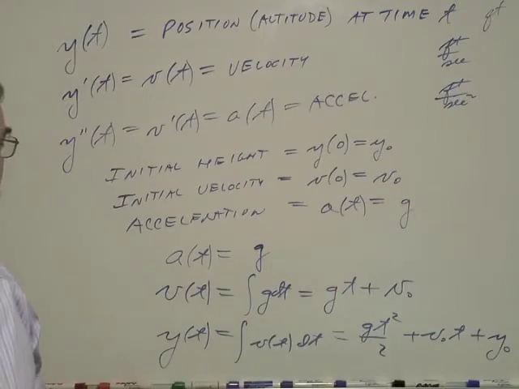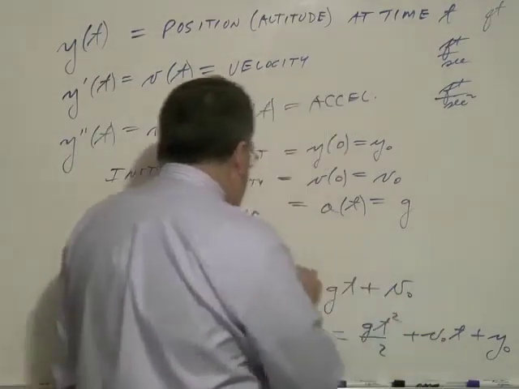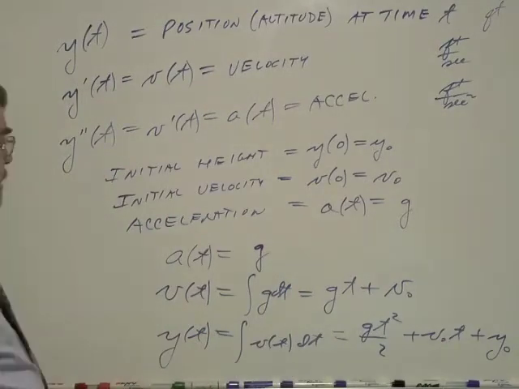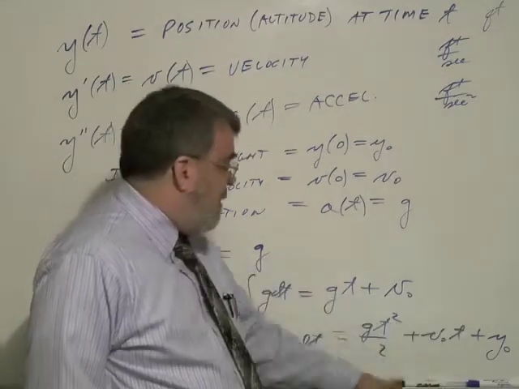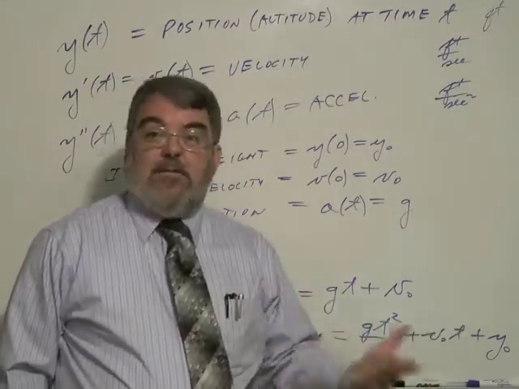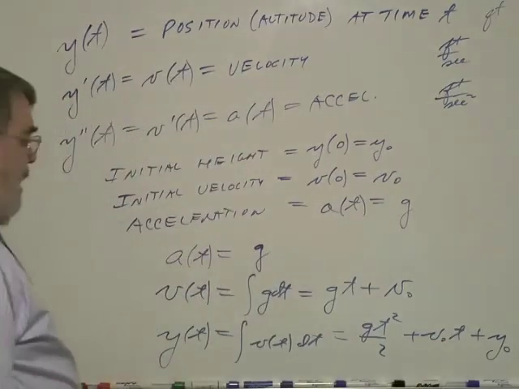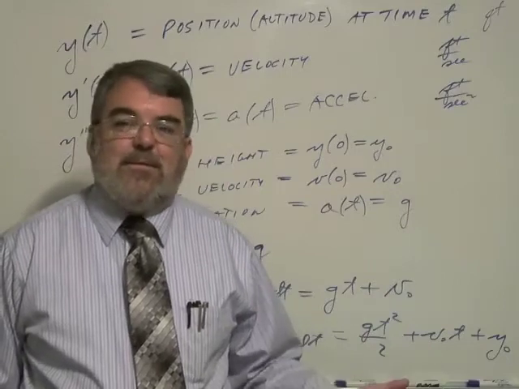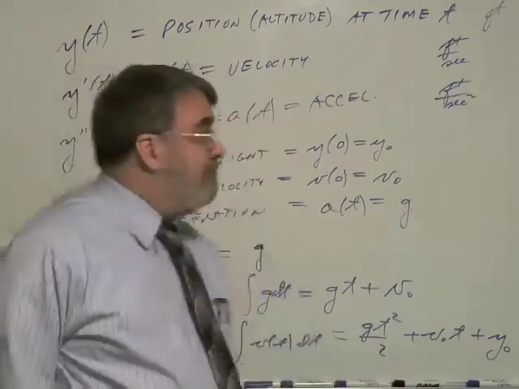So the model is right here describing position, velocity and acceleration. If your initial velocity was 0, this term would disappear and the model becomes even simpler. It's a very simple model, and I'm counting on that you probably have seen this before, if not in Calculus 1, then perhaps in a physics course somewhere in your background.